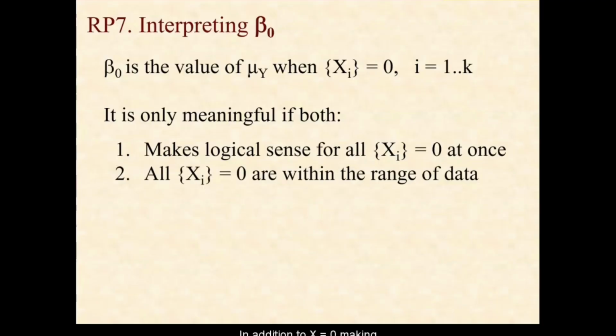In addition to x equals 0 making logical sense for all the predictors, a second condition also must hold in order for beta naught to be interpretable for a fit of the regression model that we have. This second condition relates to a more general caution in the use of models. In using models, we want to be careful of drawing conclusions that are outside the range of the sample information that we have.